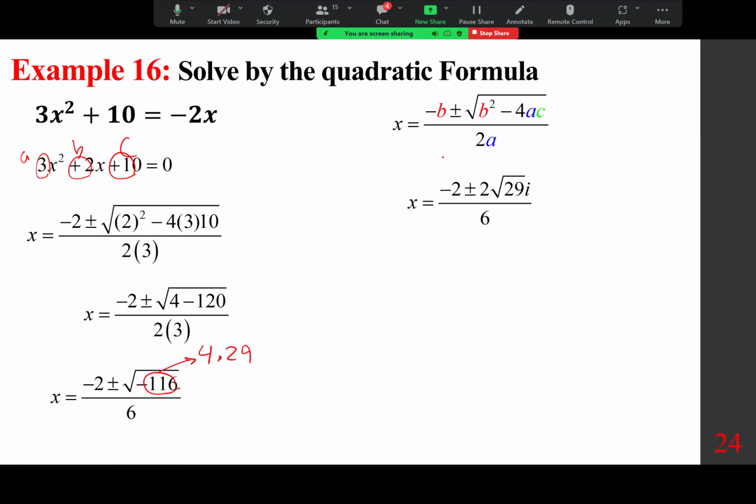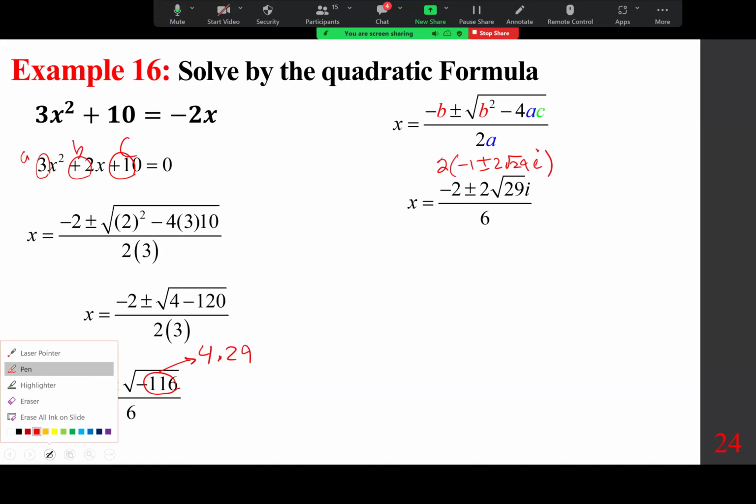And now if I factor the 2 from the numerator, now what I want to do here, I want to put the i far away so everybody can see i is not under the radical. So you get rid of the 2, you change this to 3.